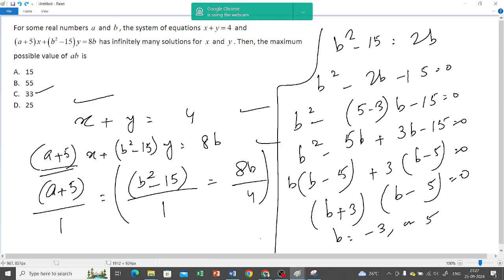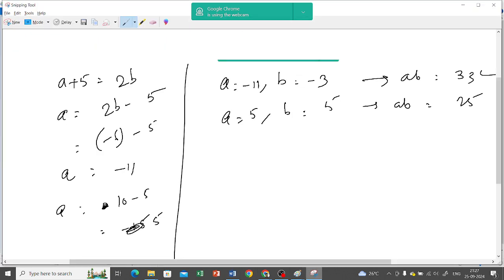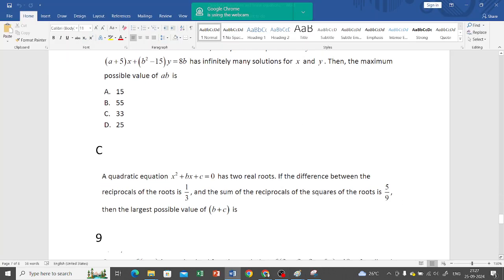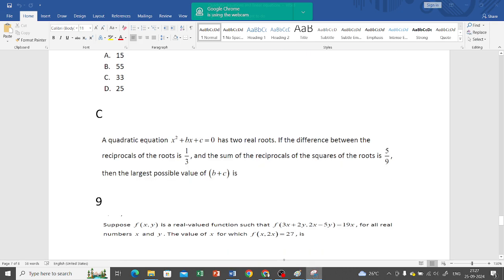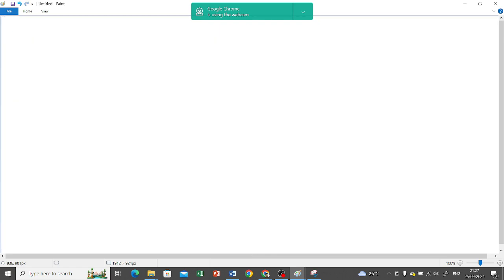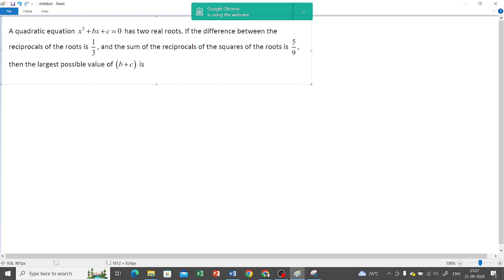Once you have done, let me know. Okay. Done, sir. Complete this, please. This is a very easy sum. Please do this. Very simple.